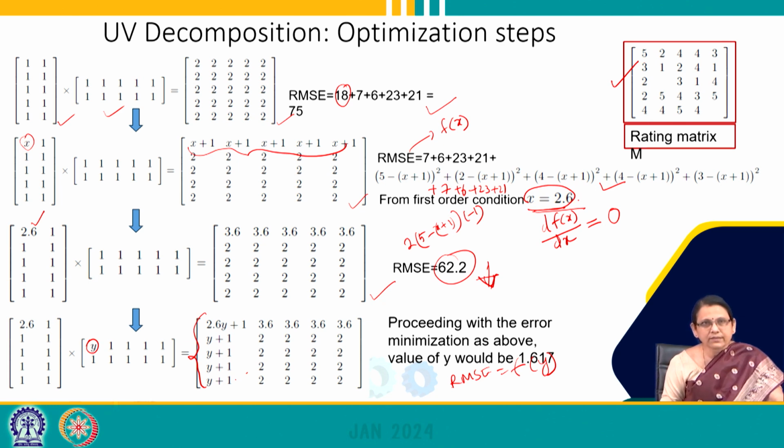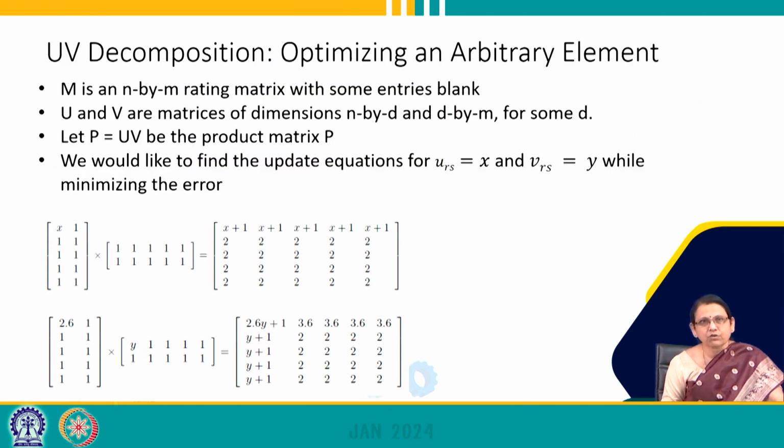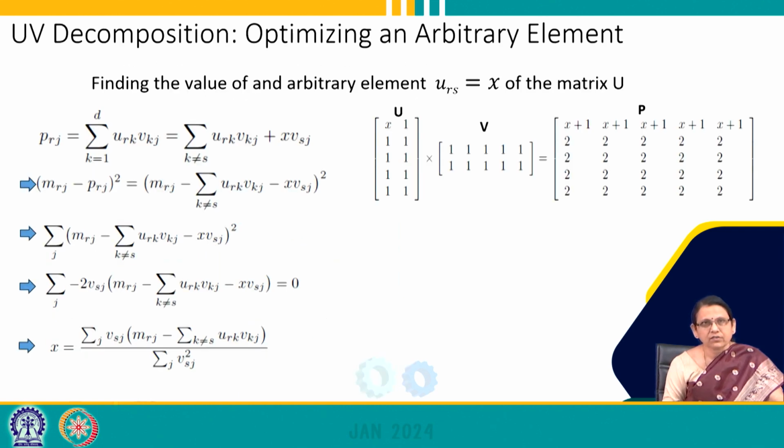So, what is that generic procedure that you must follow? To choose any arbitrary element, which can be either x or y, we are supposed to minimize the error in each iteration. So, this is the process to do so. To start with, we started with one element x.